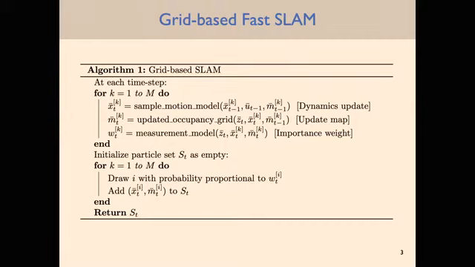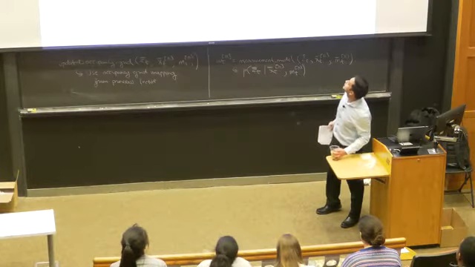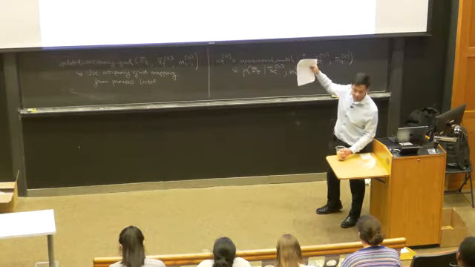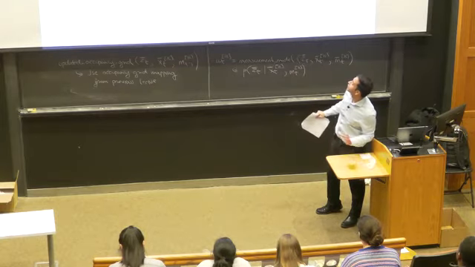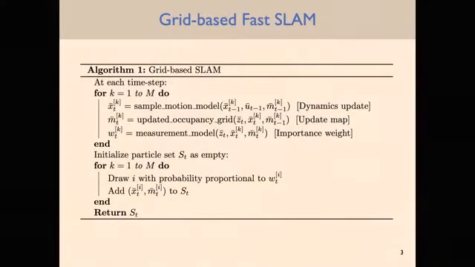Question? Can this model account for a moving, dynamic map? Yeah, that's a good question. The way I described it, that general structure should still be valid. The extra thing you're going to have to do is have a dynamics model on the map.